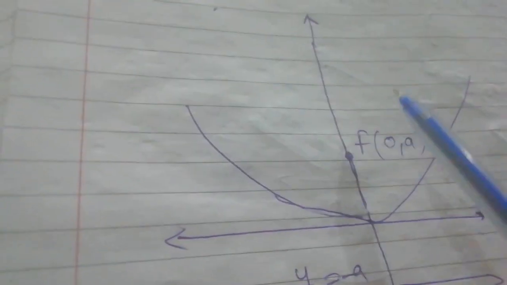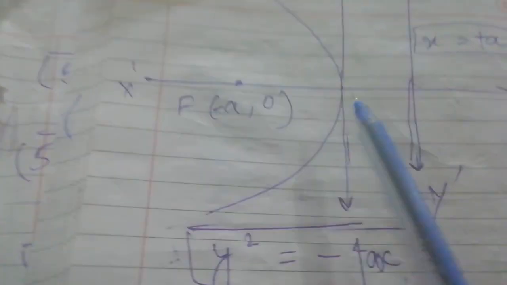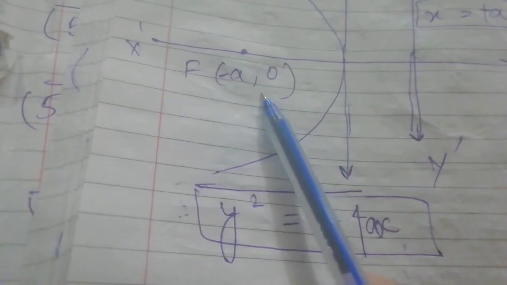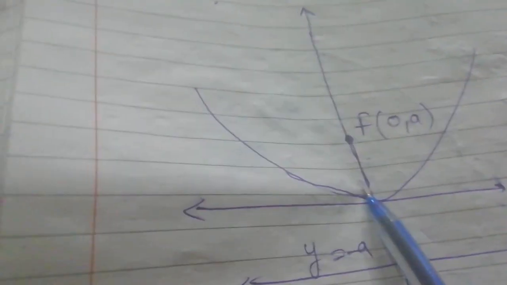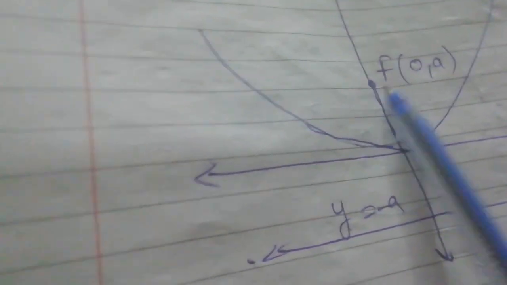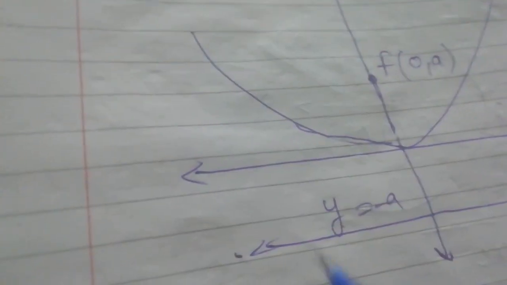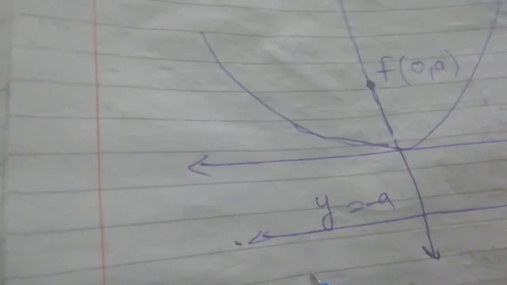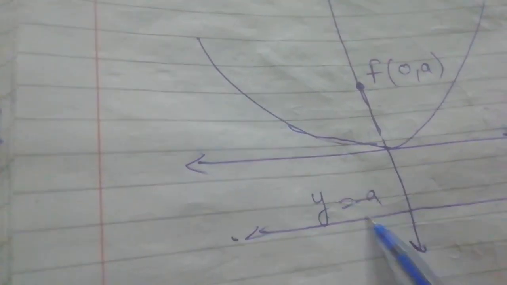A, 0 is used for the horizontal parabolas. In vertical parabolas, the x-coordinate is 0, not the y. So the focus is 0, a, and the directrix, which is behind the parabola, is y is equal to minus a.